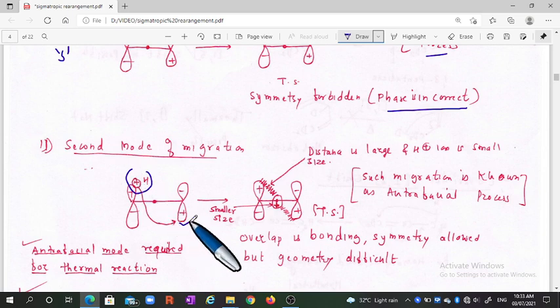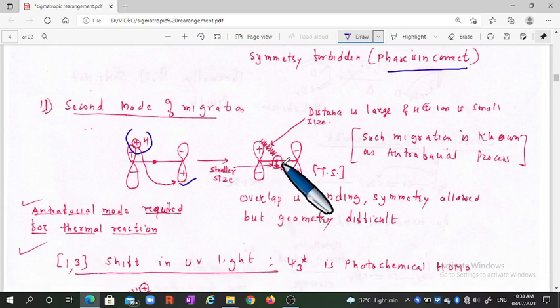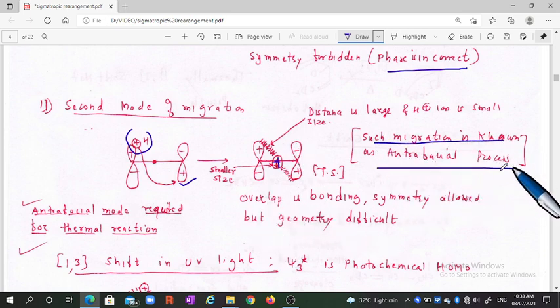We have shown its transition state: hydrogen is present at this position, positive is present at the middle one. Such migration is known as an antarafacial process, because from this orbital it migrates to the lower lobe. From the top lobe, hydrogen migrates to the lower lobe.